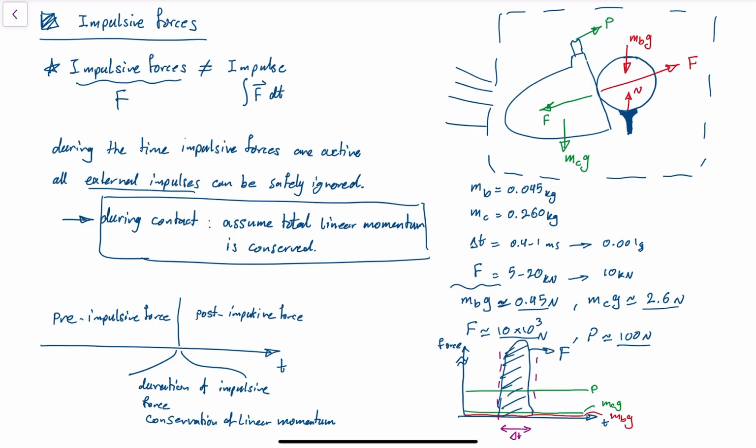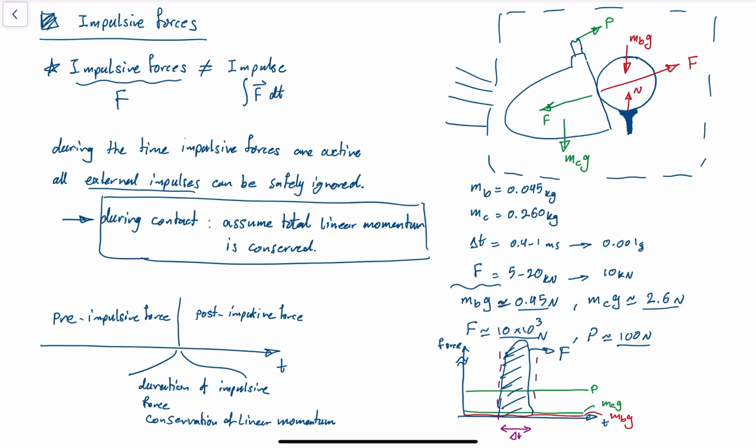Examples are contact forces and explosion forces, like firing a cannonball or a gun or a fireworks explosion. Anything that is explosive in nature usually leads to these impulsive force effects.